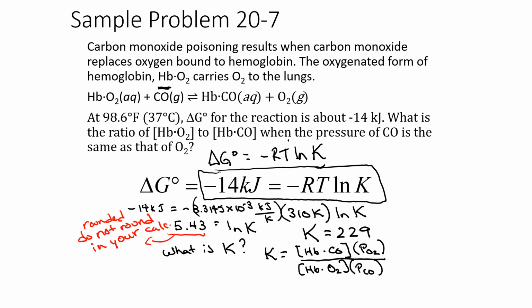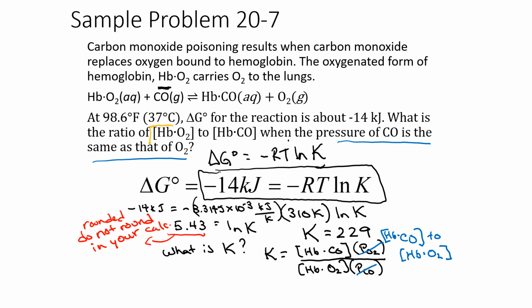The problem tells us that the pressure of CO is the same as that of O2. So no matter what those values are, they're going to cancel each other out. So K is the ratio of CO blood to oxygenated blood.